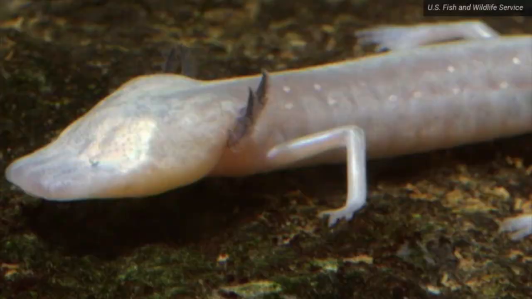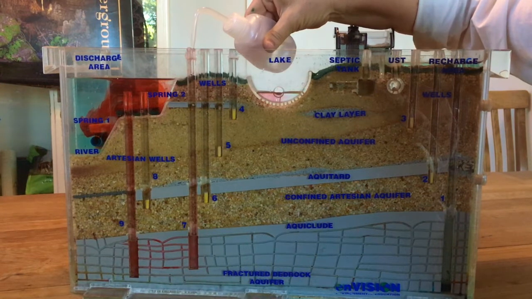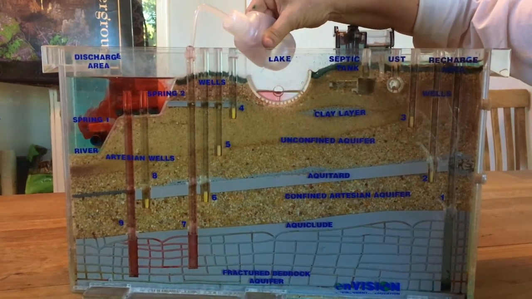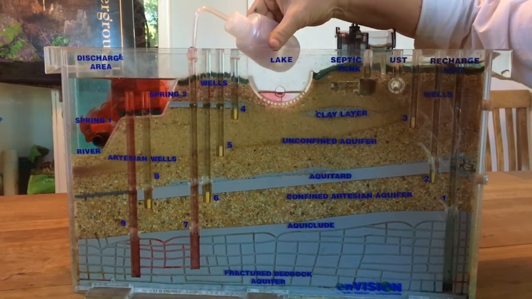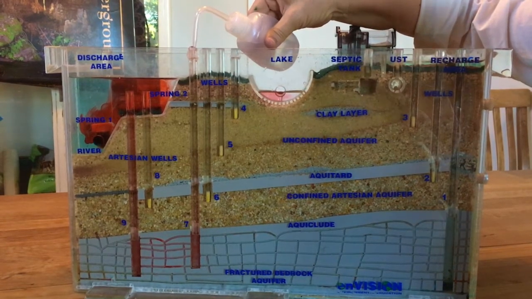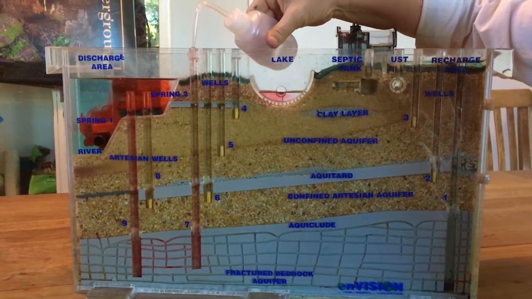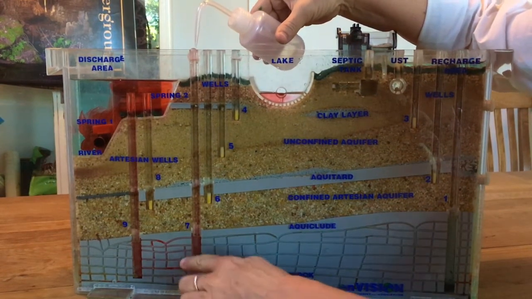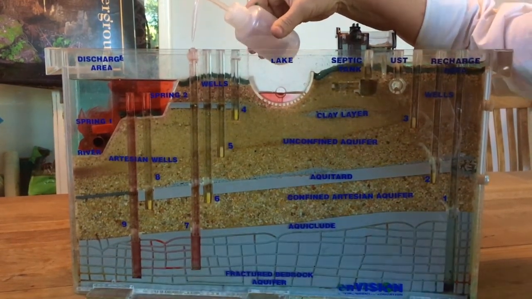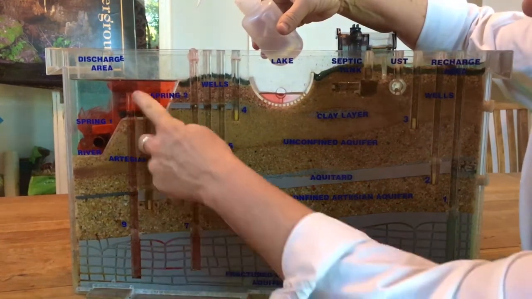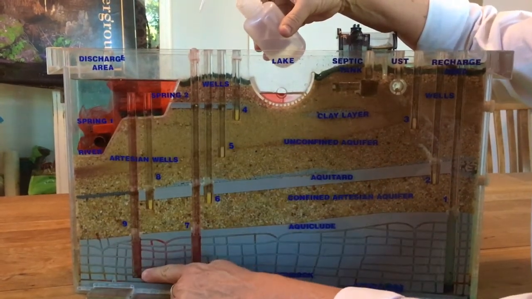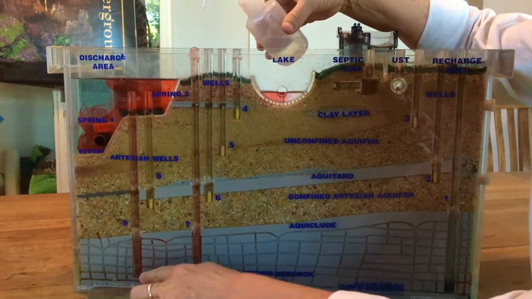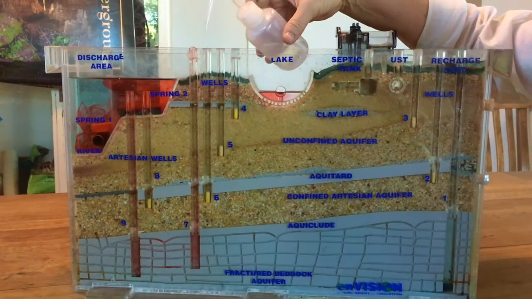So you can see, even if the person doing this didn't realize, they thought it was just a hole in the ground that was abandoned, but it was still very much attached underneath the ground to the aquifer and also to this well right here. So the people who are drinking water off this well, it could pollute someone else's well.